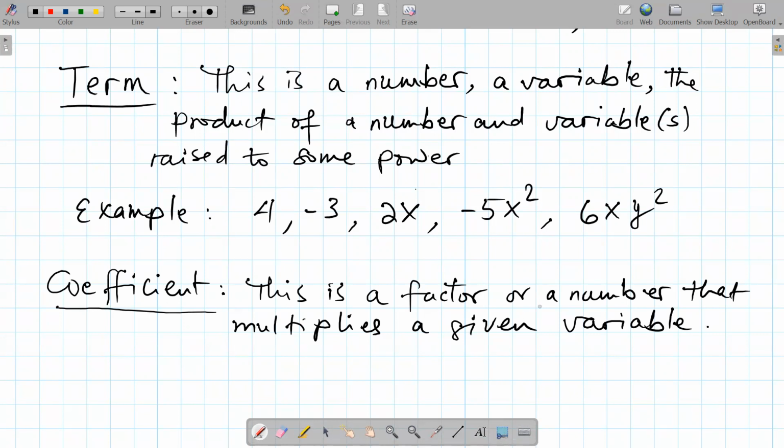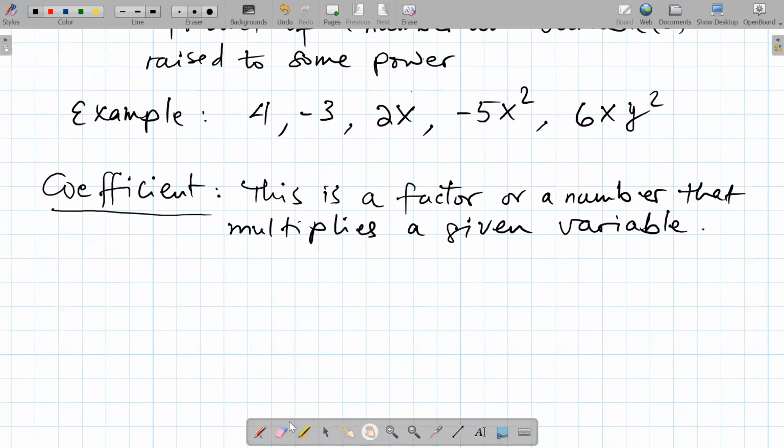Or simply put, the number before a given variable. Okay. The number before a given variable.